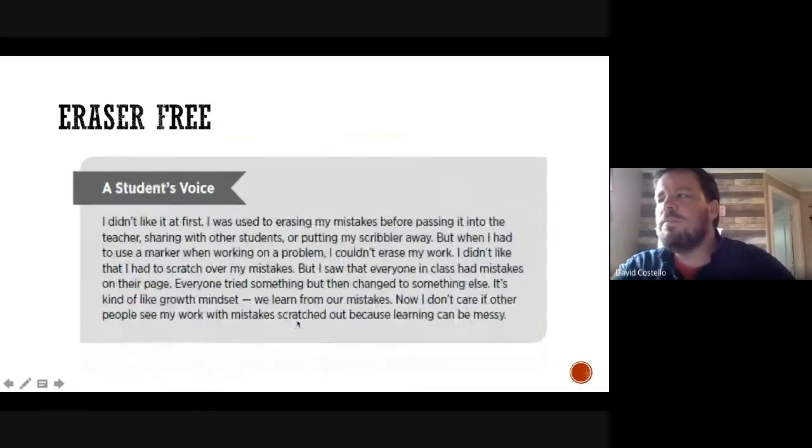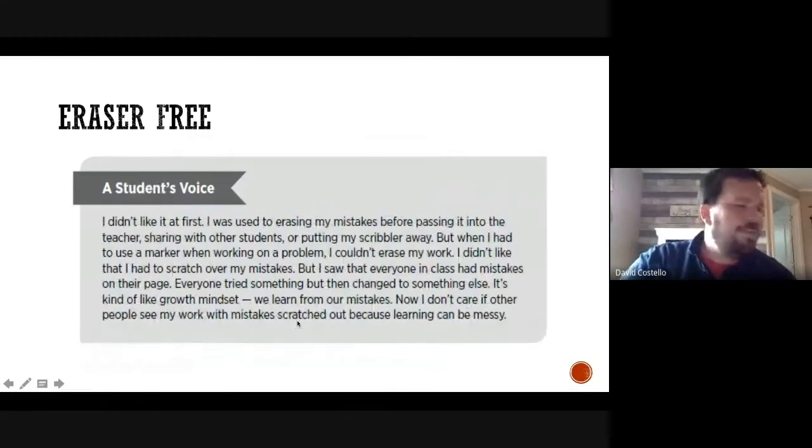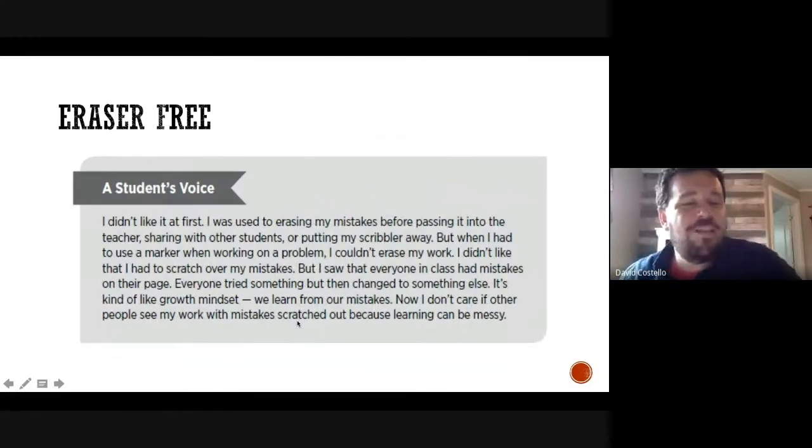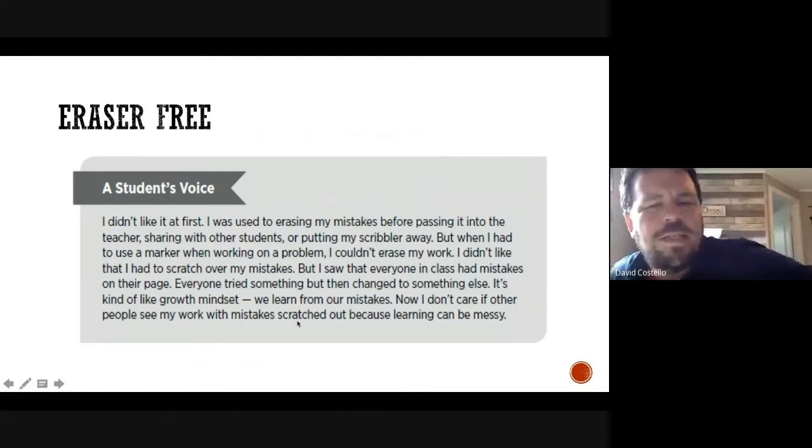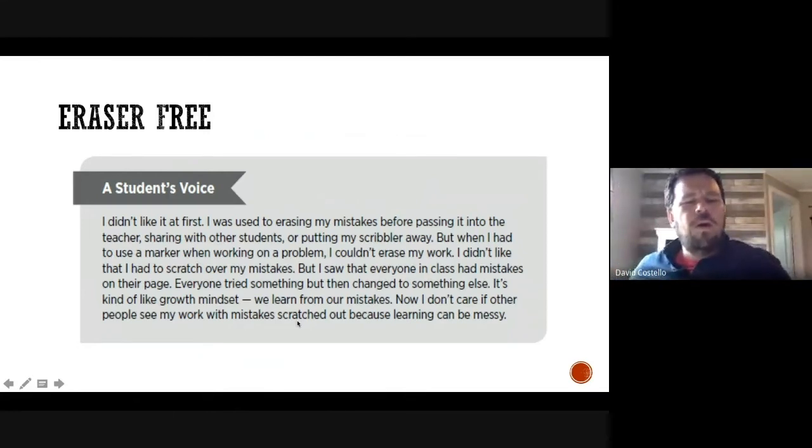And then from a student perspective, the student didn't like it at first at all. I was used to erasing my mistakes before passing it in, sharing with students, or putting my scribbler away. And why this student said that is they thought to be considered a good mathematician, you had to get it correct on the first attempt. But when I had to use a marker when working on the problem, I couldn't erase the work.